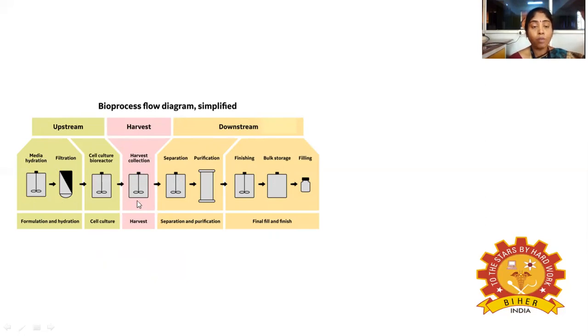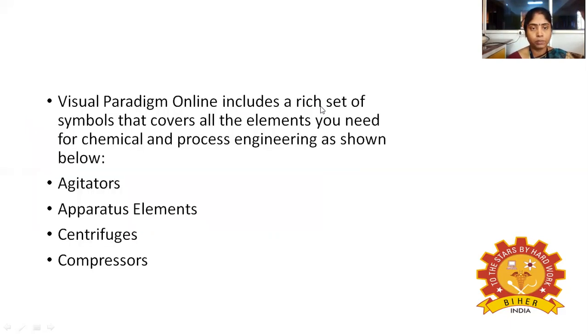Once the process has formed, how the product is separated out, how it is purified, what finishing stage we give, and how we do the marketing, like filling. This process flow diagram includes a rich set of symbols.